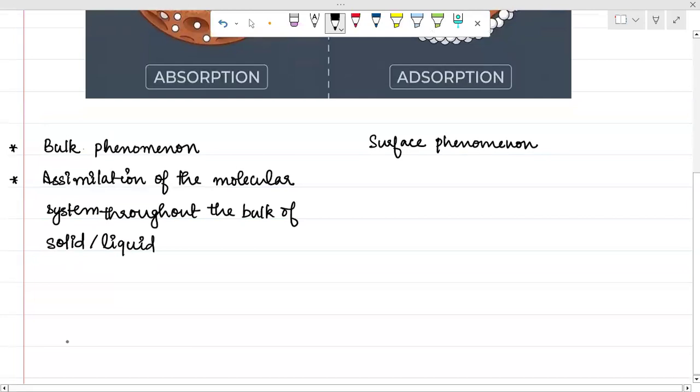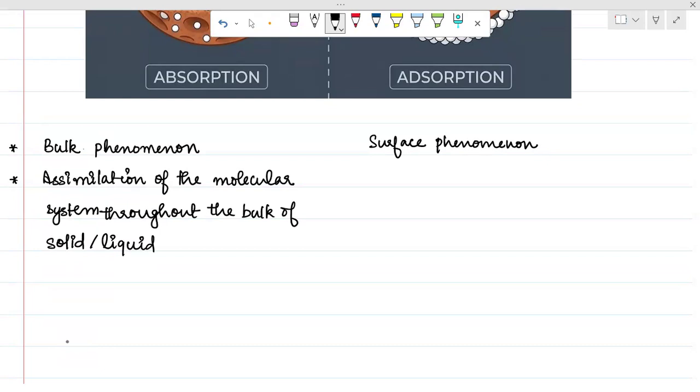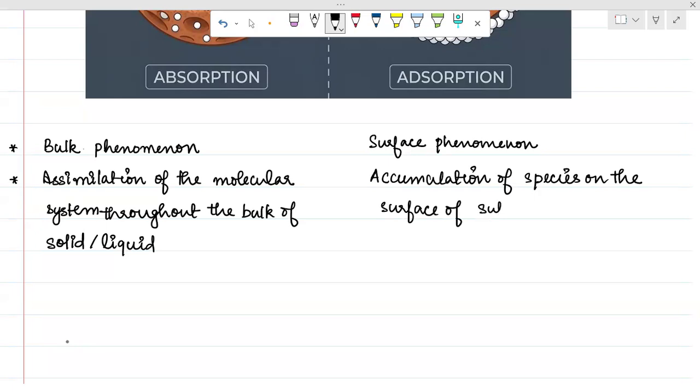Next, a surface phenomenon, let's say painting of walls. When you paint, we can see that the paint is stuck only on the surface of the bricks or the wall. It does not enter into the bulk. So that is an example of a surface phenomenon. We can write it now: the accumulation of species on the surface of a substrate.